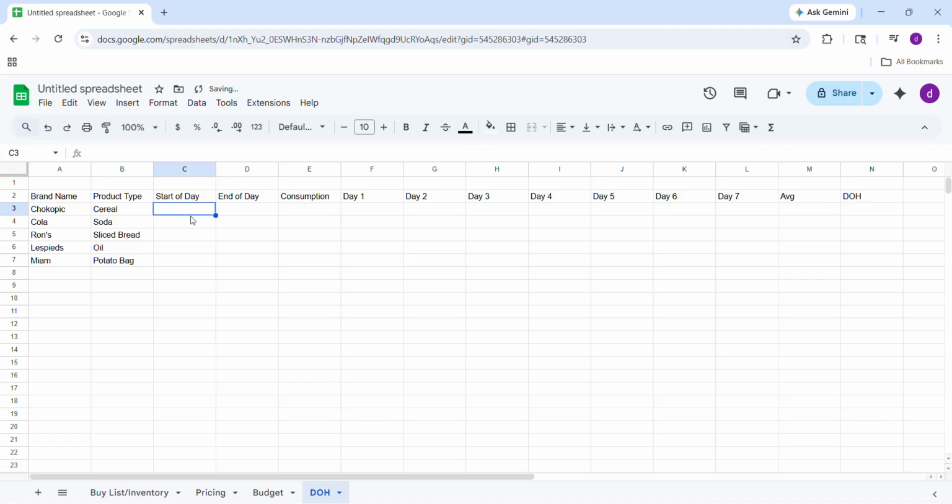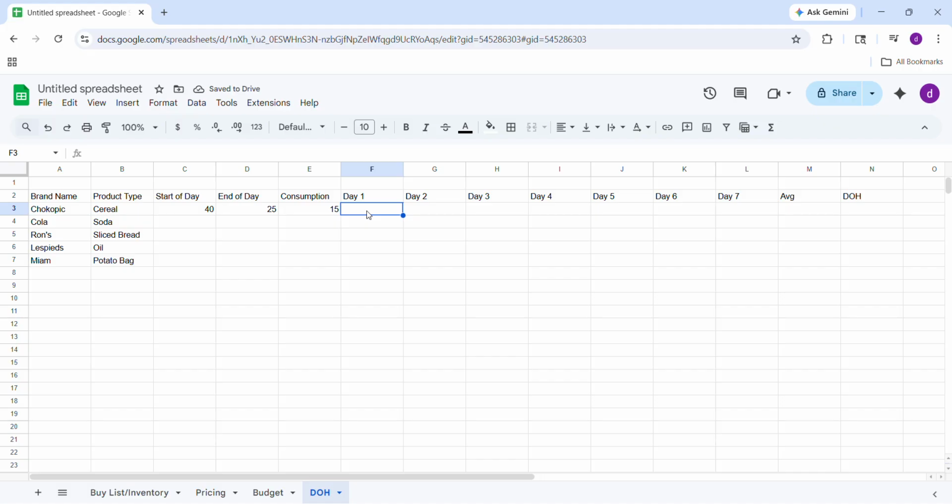Okay, so this is stuff that you're going to keep track of every day. So I have 40 units of cereal in a day. That's the start, and I had 25. So again, your consumption would be equal to the sum of start minus that. So 15.